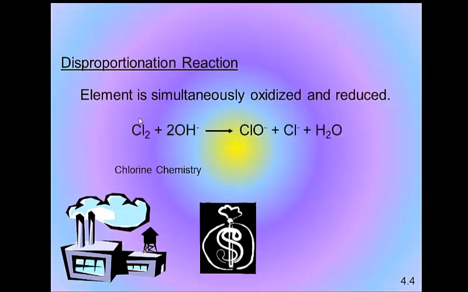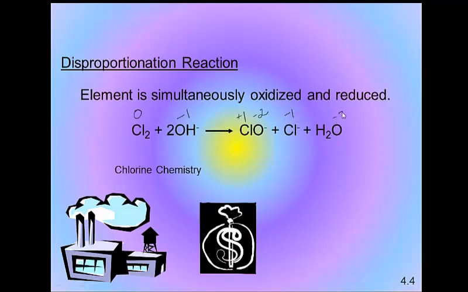If you assign oxidation states to this disproportionation reaction, you get a 0. And this whole hydroxide is a -1. This is a -2. The whole thing has to add up to -1. So -2 plus some number equals -1. That number has got to be +1.